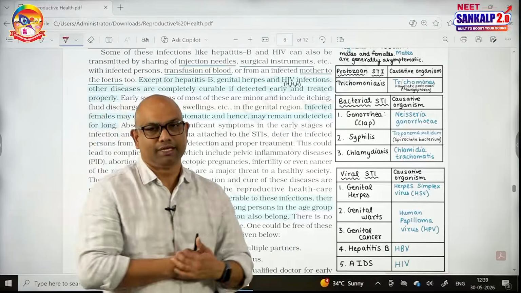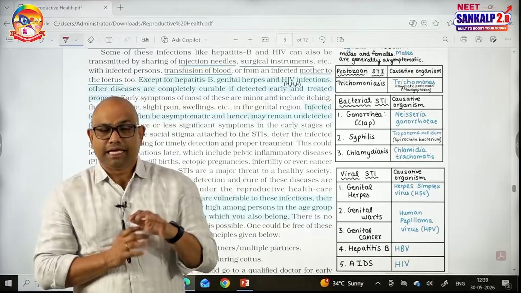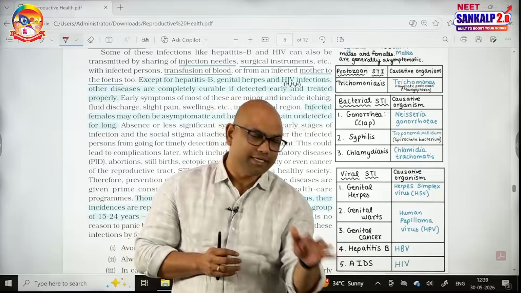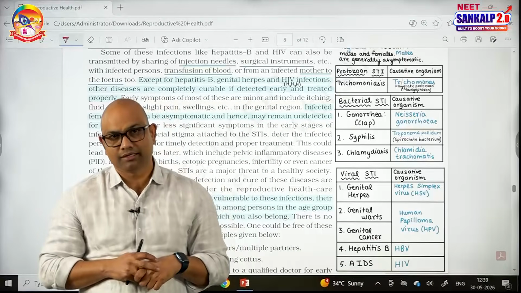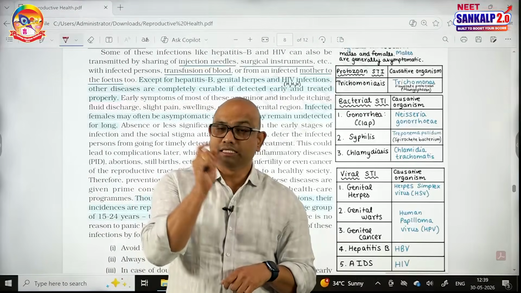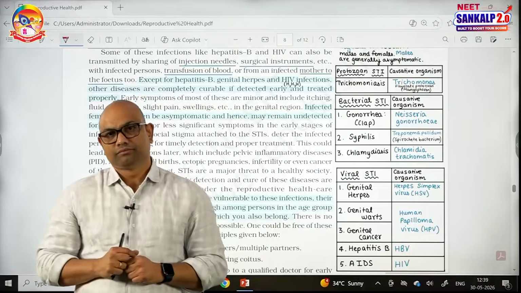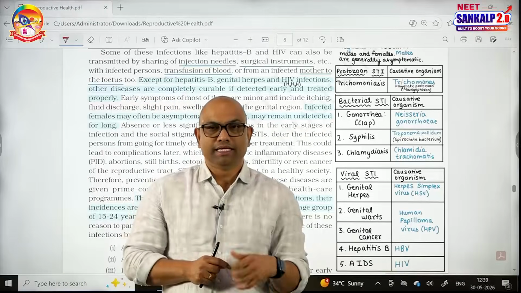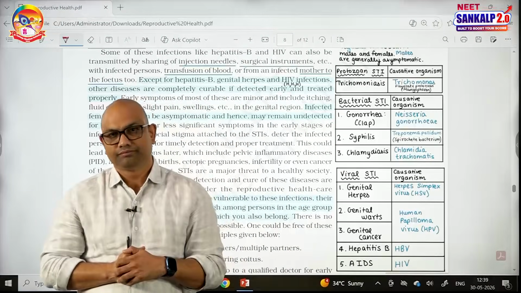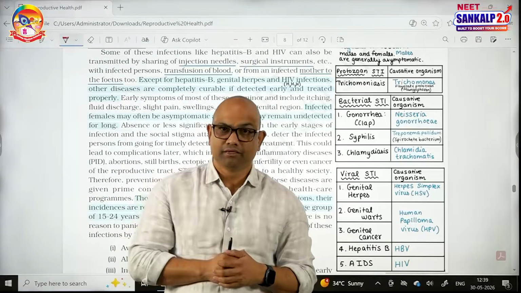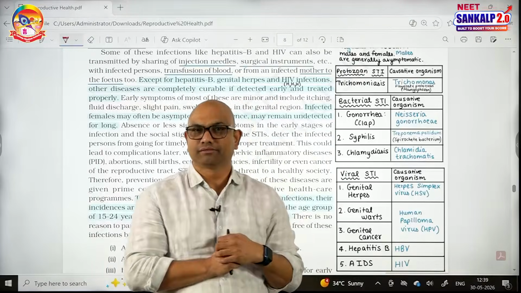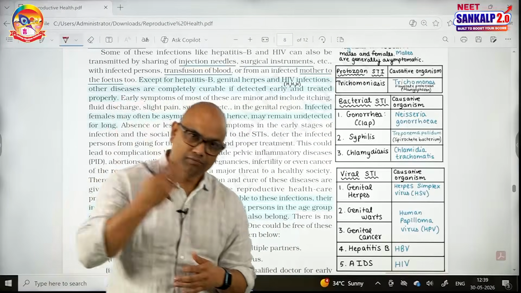One important point is that HIV and HBV are STDs, no doubt they can spread through sexual contact, but generally they do not affect the genital organs of the person. In HIV the Th lymphocytes are affected, in HBV the liver is affected, causing symptoms like jaundice. And one more important point.